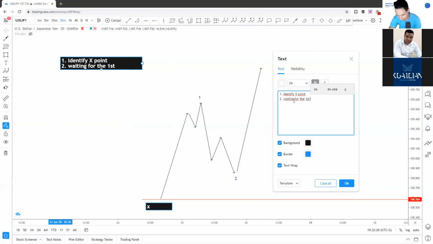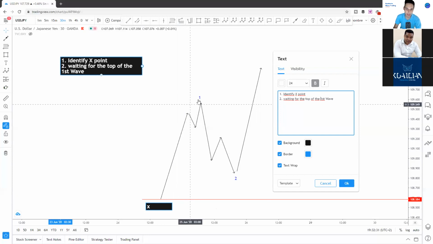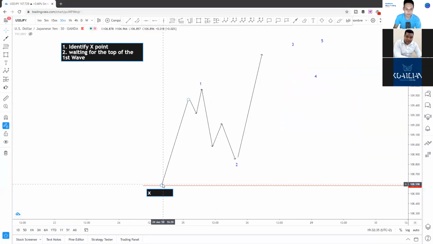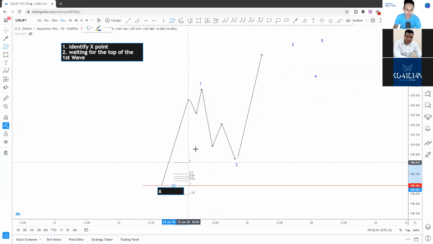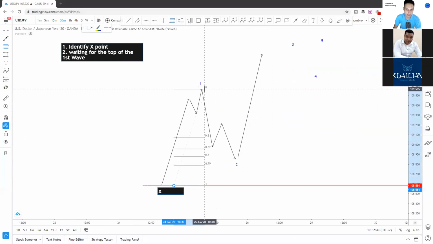What is the first wave? It's the maximum, the top. Waiting for the top of the first wave, okay? We have to wait for the top, because as soon as we have the top, we already have the X and we have the 1, and then we can measure this beast here, okay?